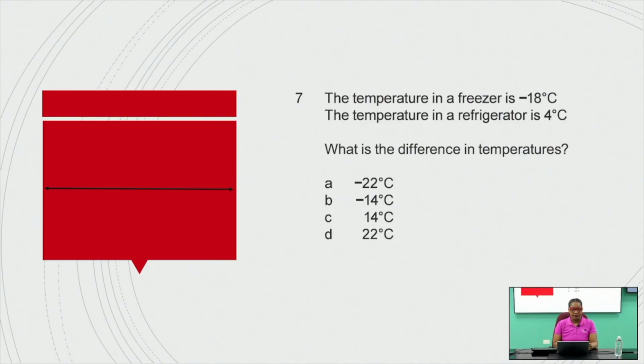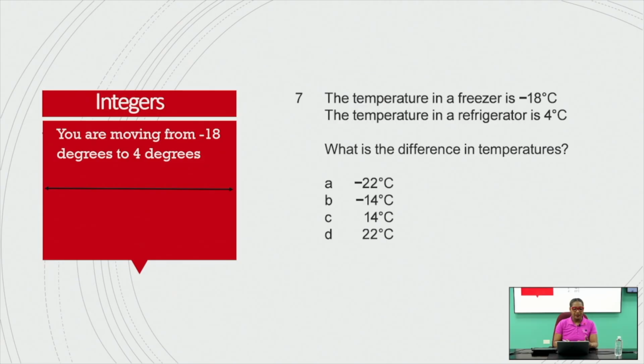We're on to question 7. So we're still on integers. We're looking at both positive and negative integers. The question says the temperature in a freezer is negative 18 degrees Celsius. The temperature in the refrigerator is 4 degrees Celsius. What is the difference in temperature? So let us look at the number line on the screen here. We have 0, negative 18 to the left of the 0 and 4 to the right.